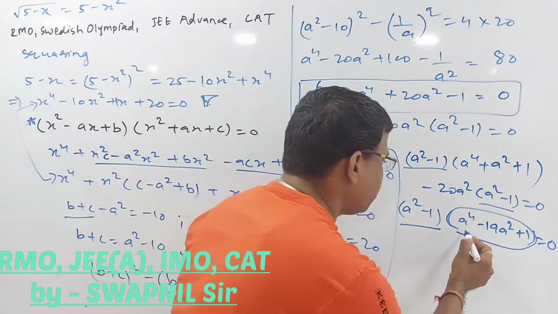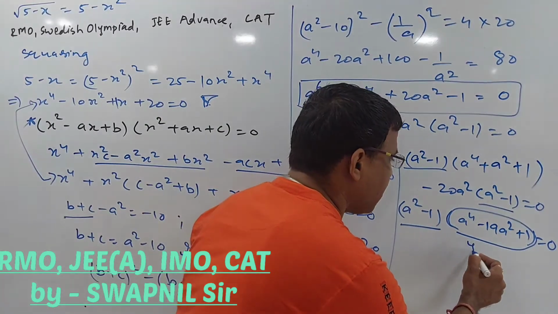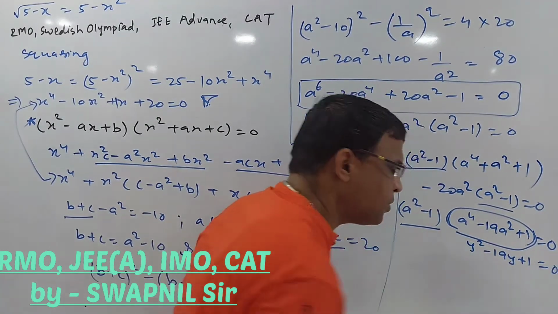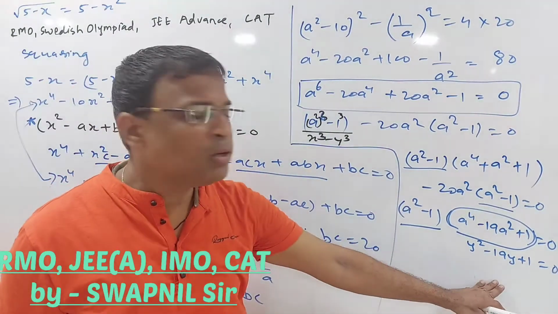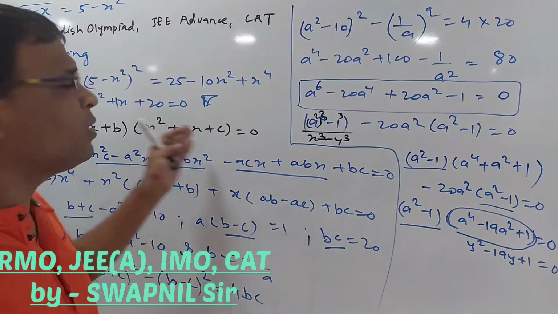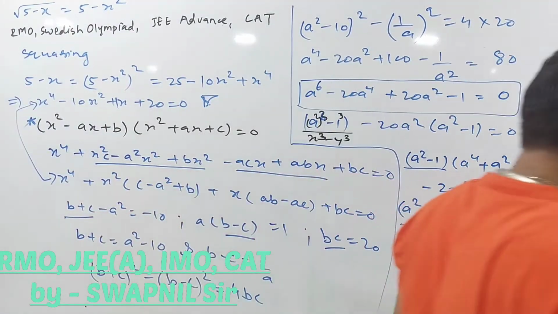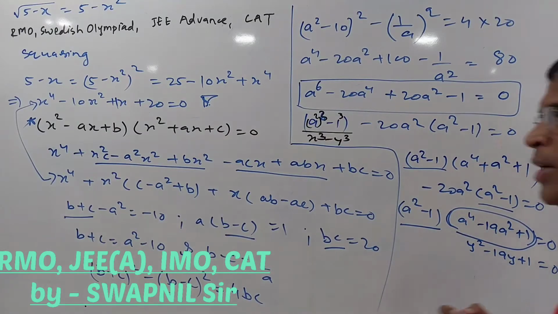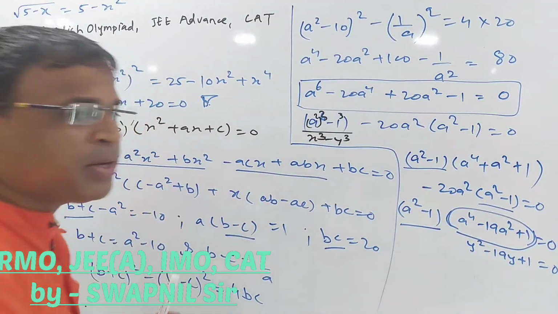I can substitute a square as y, so it becomes y square minus 19y plus 1 is equal to 0. And we can solve it for the value of y. From y I will get a and from a I will get b and c, but we are not interested in this because damn sure it is not factorizable by splitting the middle term. So we have to use the quadratic formula.